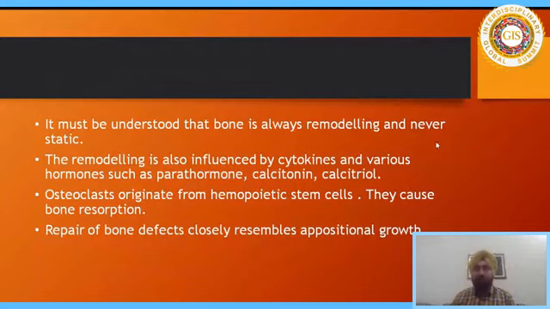The remodeling is also influenced by cytokines and various hormones such as parathormone, calcitonin, and calcitriol. So the remodeling is different in different individuals. Osteoclasts originate from hematopoietic stem cells. They cause, as we all know, bone resorption. The repair of bone defects closely resembles appositional growth.